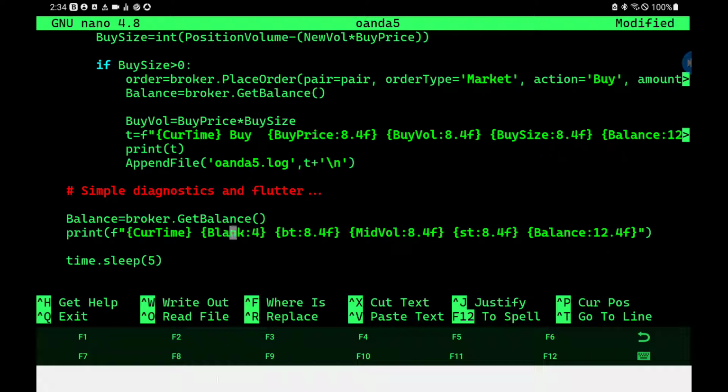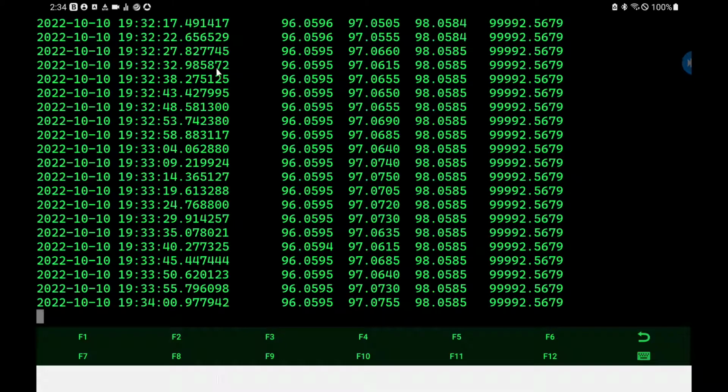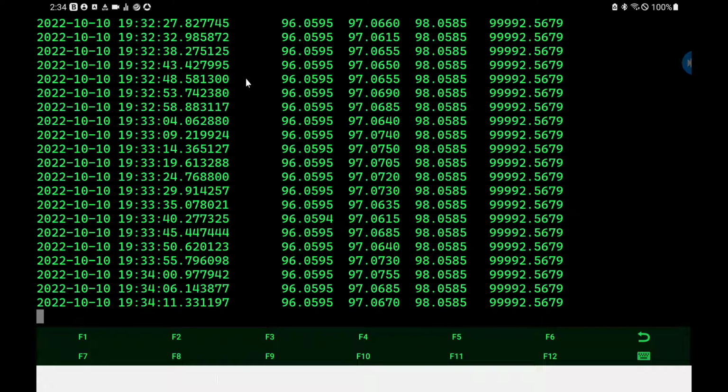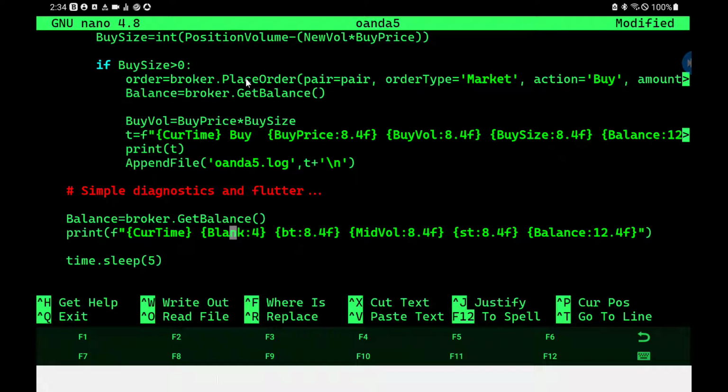This blank right here would be the words buy or sell. But since we're not buying and we're not selling, we have the blank here to hold the table in a nice pretty shape. And of course, we simply wait 5 seconds and we do it all over again.